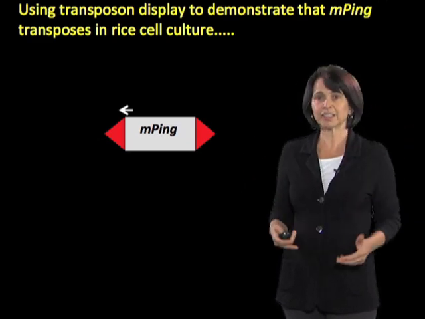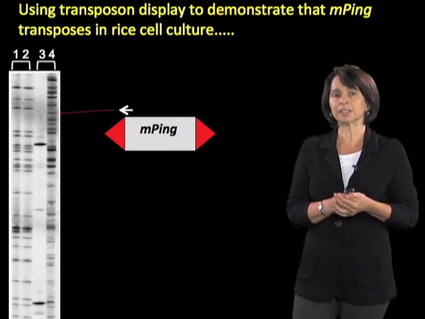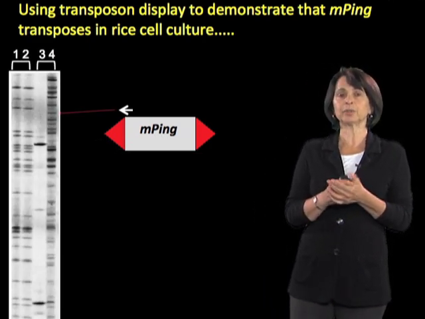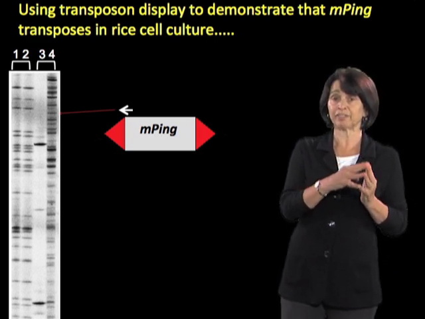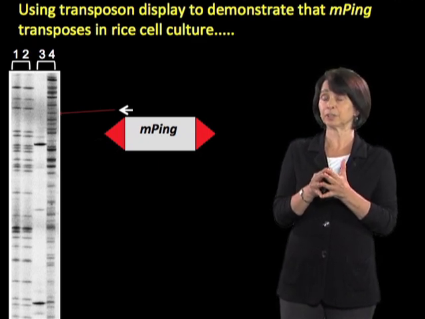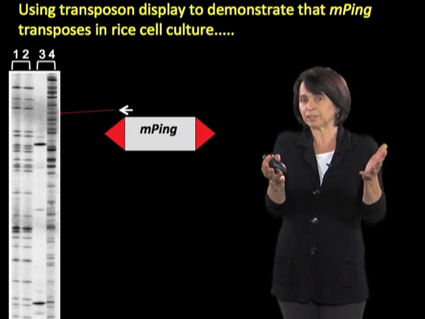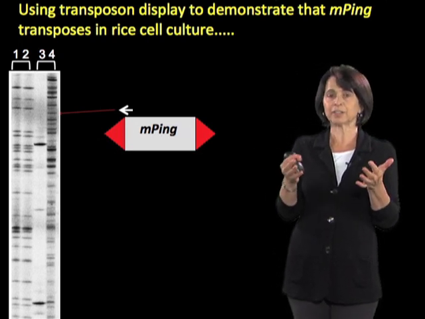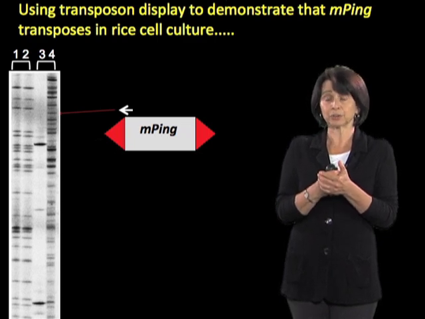And you resolve this on a gel, and that's what you see here. In lanes 1 and 2, lane 1 is the DNA from a rice plant before cell culture. Lane 2 is the DNA from the cell culture. And nothing's happening. You see 1 and 2 look exactly the same. That's because the Emping element is not moving around in that cell culture.